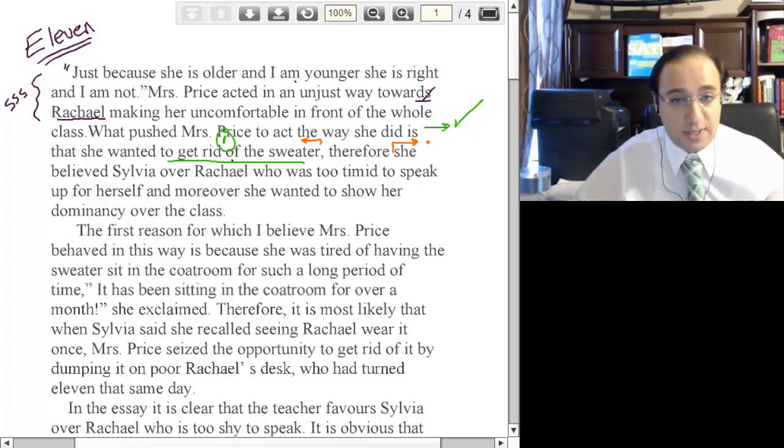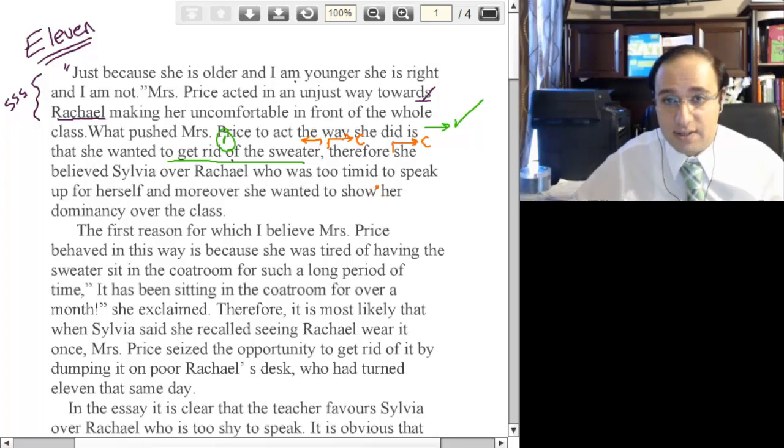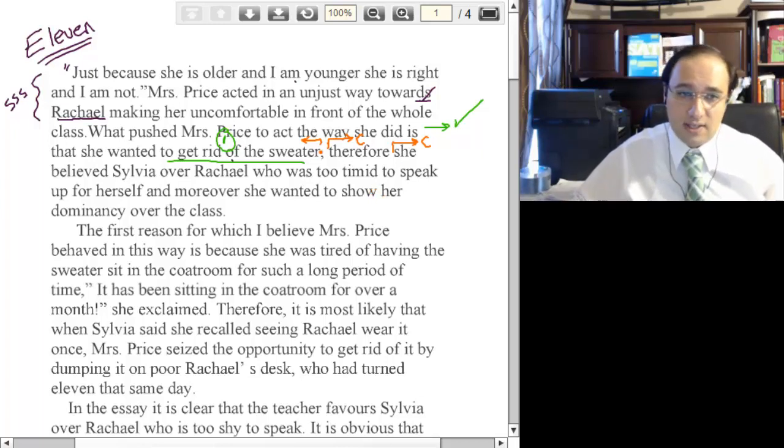So this is another complete sentence. Therefore, with a complete sentence after it, all becomes a complete sentence. Meaning that therefore she believed Sylvia over Rachel, who was too timid, is a complete sentence. Having two complete sentences this way, with a comma in between, is called a run-on sentence.